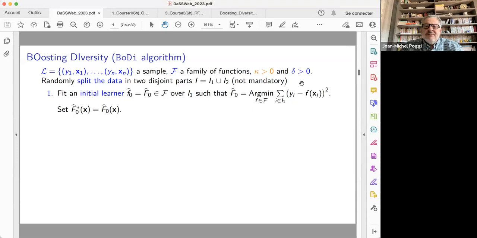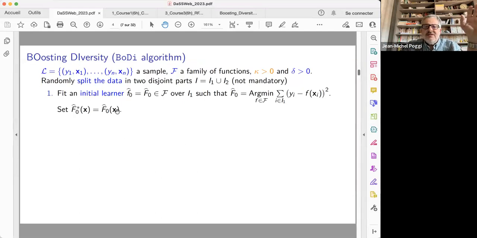Delta is the small value of the gain introduced by classical boosting. I will comment on that. You randomly split the data into two parts. This is not crucial at this stage. And the first step is quite simple. You take your data and your favorite method, for example, a CART decision tree, and you fit in the mean square sense a good model for your data, and then you obtain the first value of the additive formulation of the final estimation.